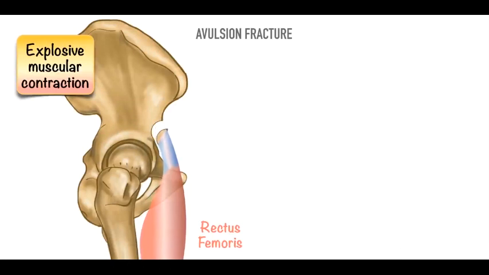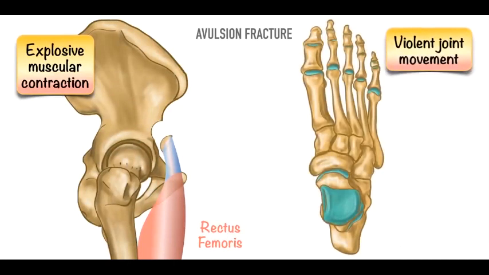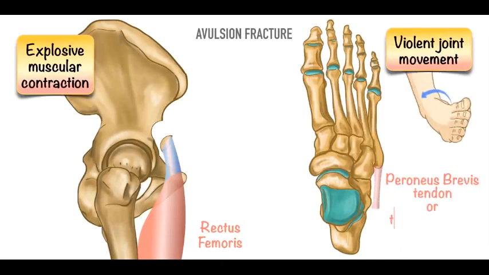An example of this is an anterior iliac spine avulsion, which can occur as a result of rectus femoris while kicking, or violent joint movement. For example, violent ankle inversion can result in an avulsion of the base of the 5th metatarsal at the peroneus brevis insertion.